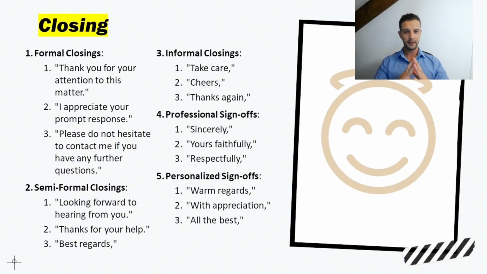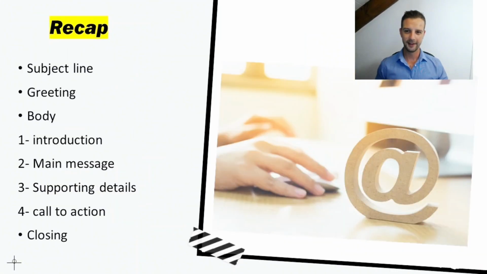So let's do a recap on what we've learned in this lesson today. We've learned how to create effective subject lines, keeping them concise and very clear and specific about what we want to say. We've learned how to create greetings, formal greetings, informal greetings, semi-formal greetings, as well as greetings to a group and to a recipient who we don't know, to whom it may concern.